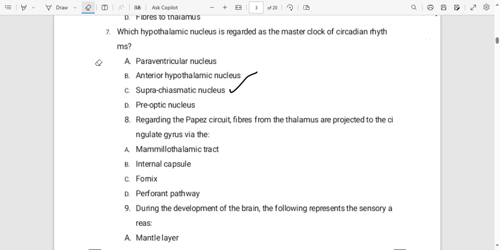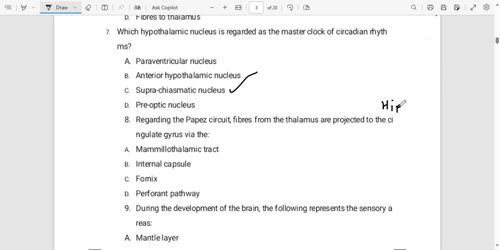Question 8. Regarding the Papez circuit, fibers from the thalamus are projected to the cingulum via. Okay, let's talk about the Papez circuit. Papez circuit is a circuit of emotions. It's easy. You are coming from the hippocampus and going back to the hippocampus. That is the journey basically.